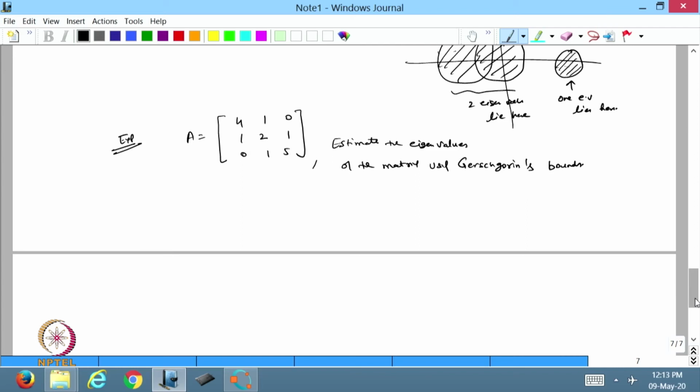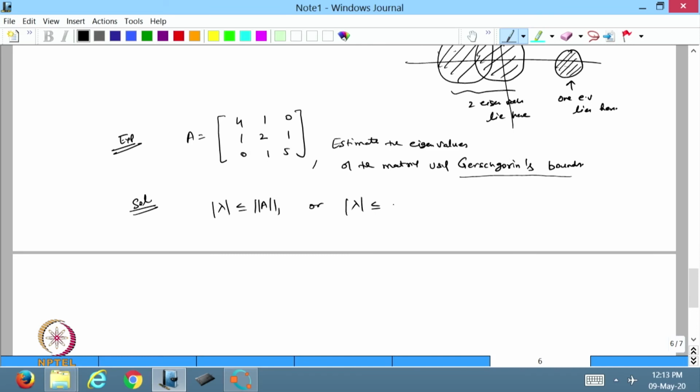So, now we have this matrix. Let us start doing this one. Now, in this case, from the Gershgorin theorem I will apply this formula, that lambda is less than or equal to the 1 norm, or I will get lambda is less than or equal to the infinity norm.